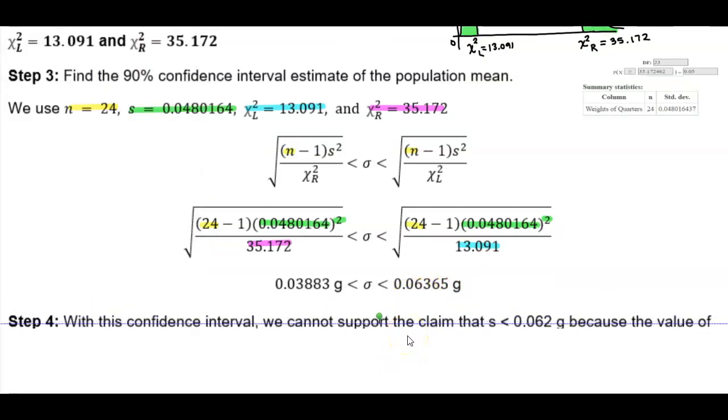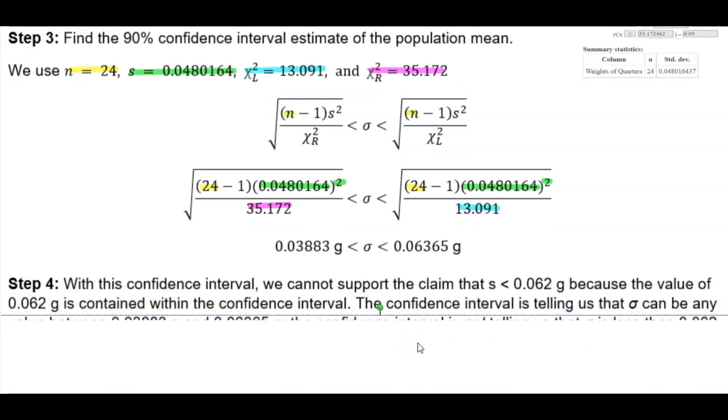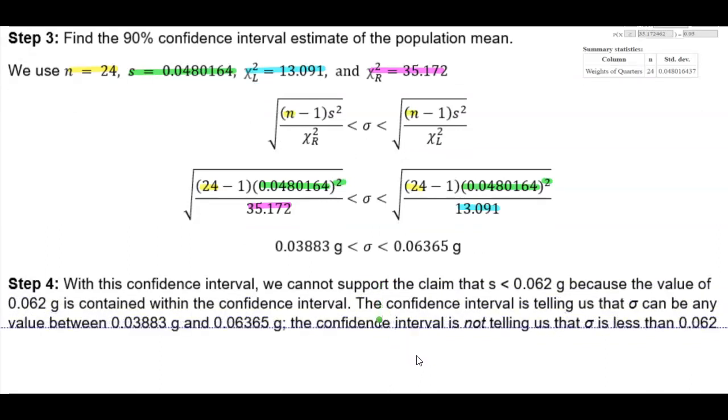Therefore, with this confidence interval, we cannot support the claim that the standard deviation is less than 0.062, because the value of 0.062 is in this confidence interval. It's less than the value on the right, so it's contained within the confidence interval.